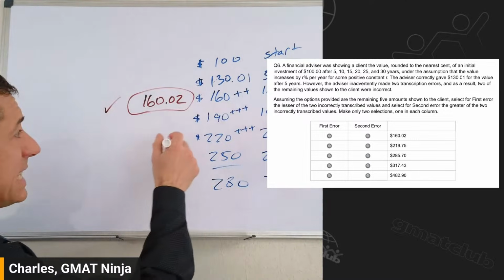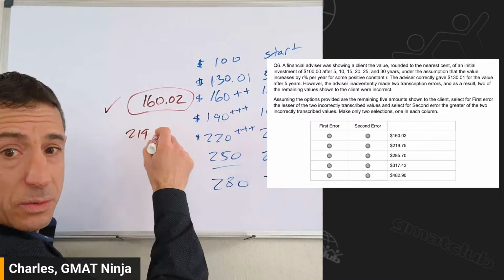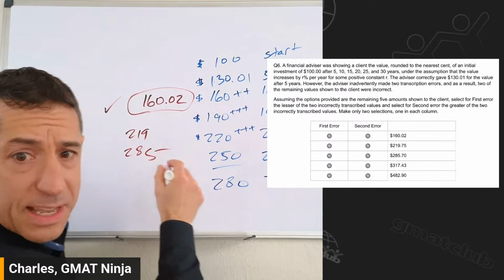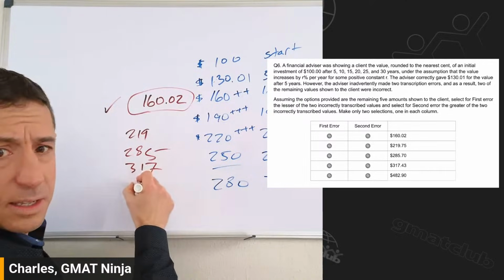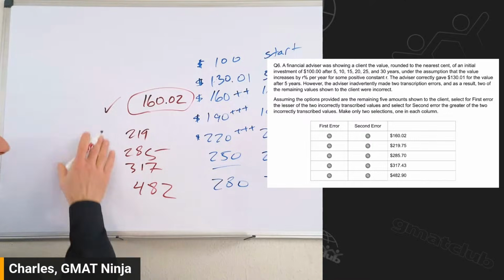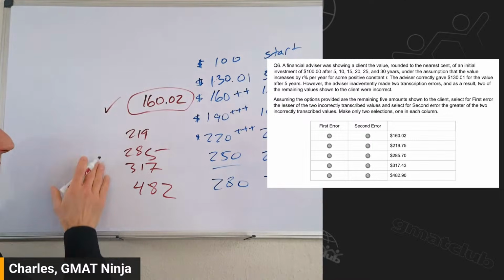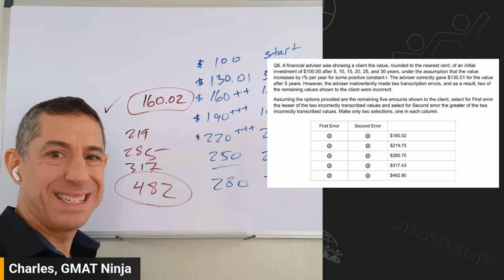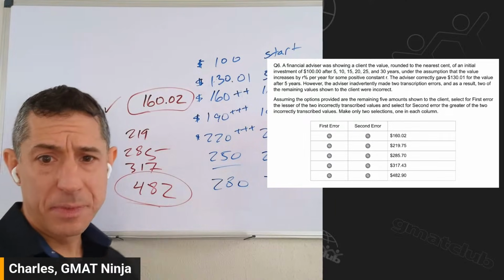So 219, we've got 285, we've got 317, and we've got 482. So we've got these increments that kind of make some sense. And then you've got this massive jump over here that doesn't make any sense.